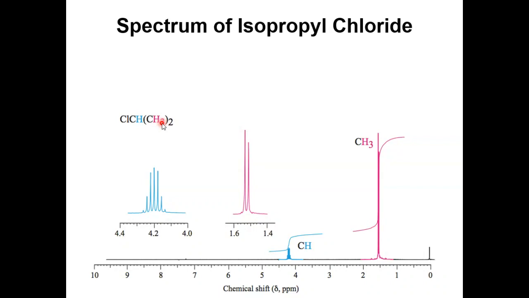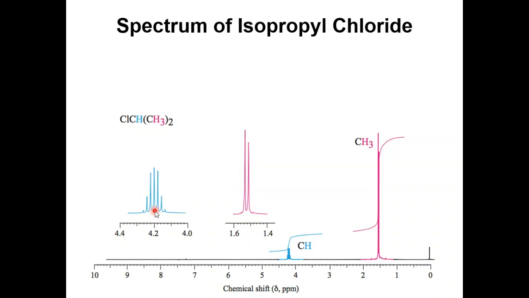In this case, those 6 methyl protons have only 1 blue proton as a vicinal proton. That's what you read from the spin splitting pattern. And for the blue signal, if you zoom in, you can find out there are totally 7 lines. 7 lines. Why?